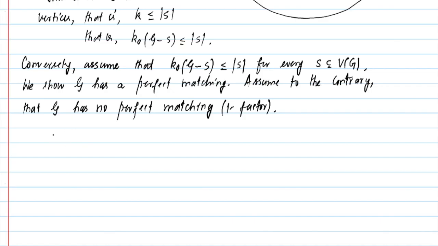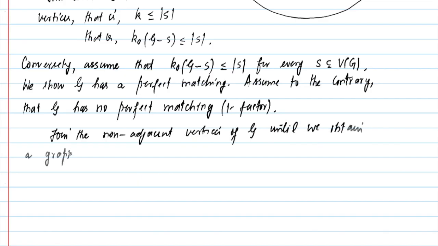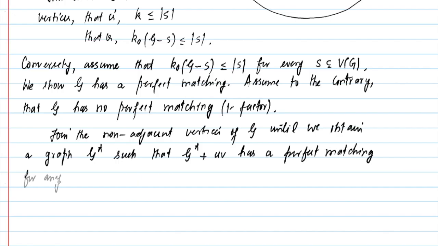Now join the non-adjacent vertices of G until we obtain a graph, say G star, such that G star plus UV has a perfect matching for any non-adjacent pair of vertices U and V.